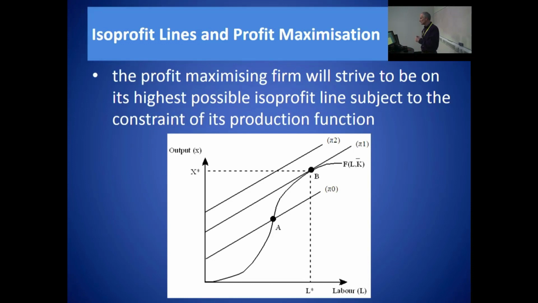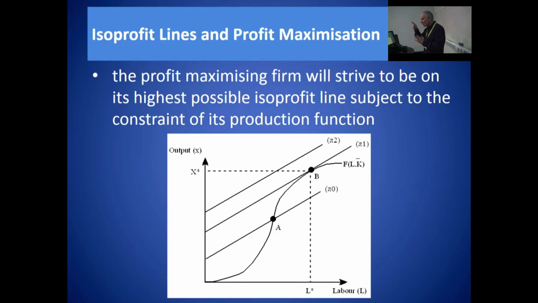Well, we said the firm wants to maximise profits. It wants to be on the highest possible ISO profit line. So, for example, if you gave the firm the option of that ISO profit line there, enjoying a high level of profits, would it like it? The simple answer is yes.